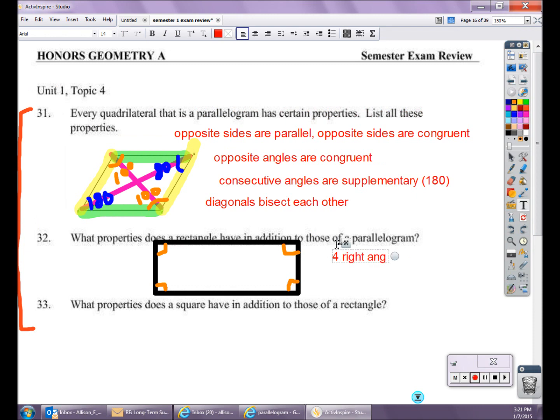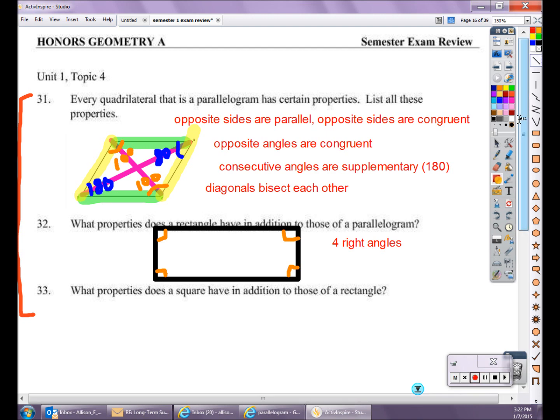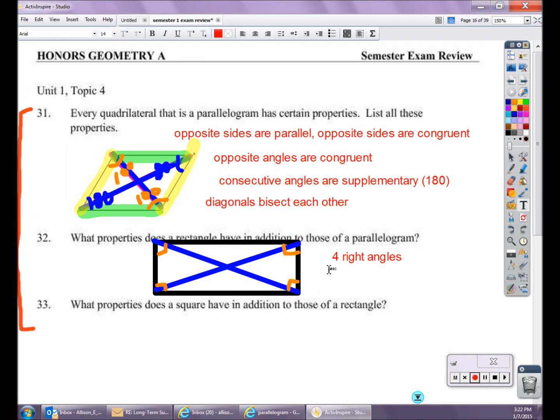And the coolest thing about a rectangle is if you look at the diagonals, they are exactly the same length, unlike the p-gram where this one was longer than this one. So in a rectangle, you know that the diagonals are congruent.